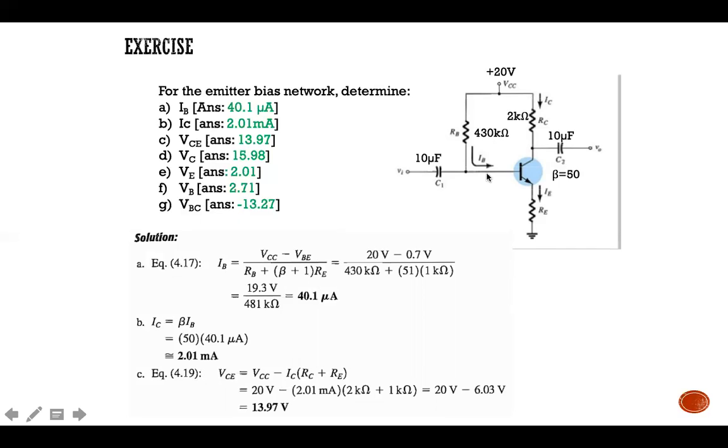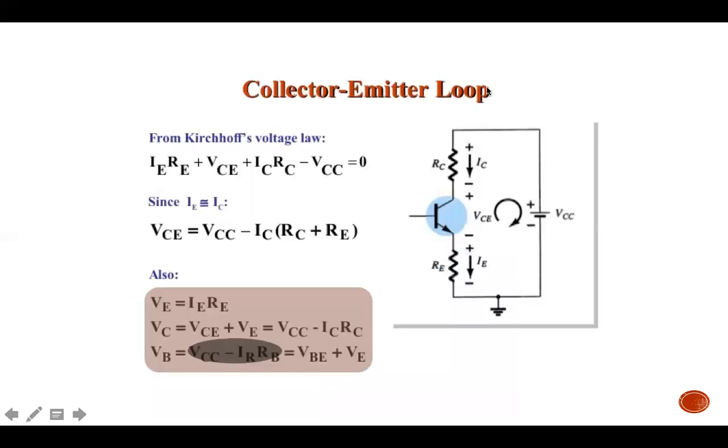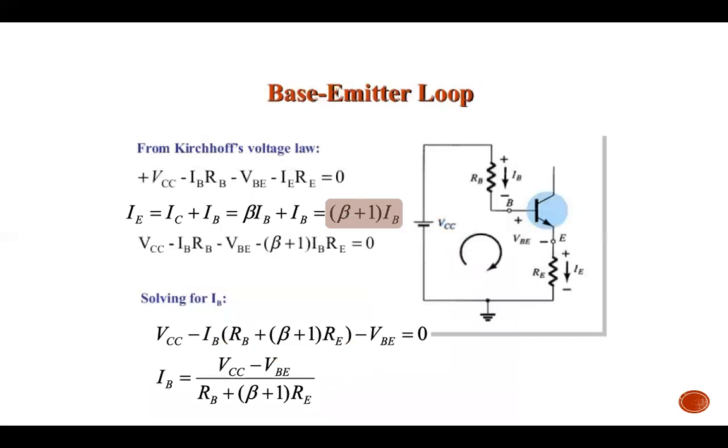So from the KVL equation, you can get IB equals VCC minus VBE divided by RB plus (beta plus 1) multiplied with RE. If you forgot or get confused on how to derive this from the circuit, please refer back to the previous slide, where this has already been derived.